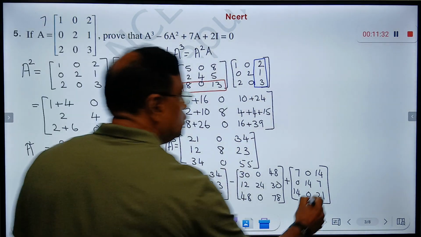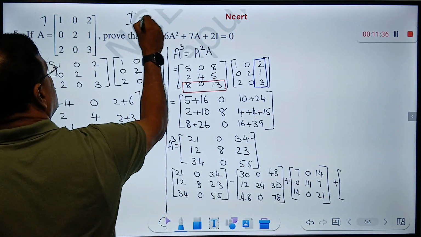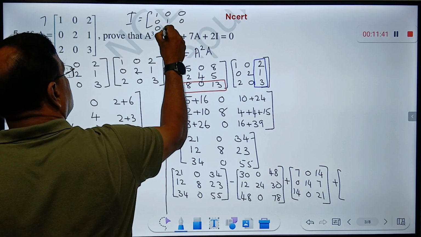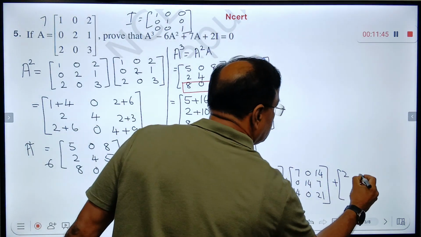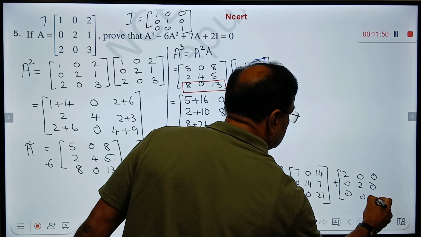Then plus 2I. Now what does I stand for? I is an identity matrix, which is 1, 0, 0, 0, 1, 0, 0, 0, 1. And if it is 2I, what is that? 2, 0, 0, 0, 2, 0, 0, 0, 2.